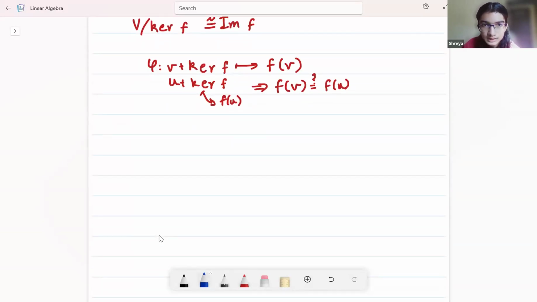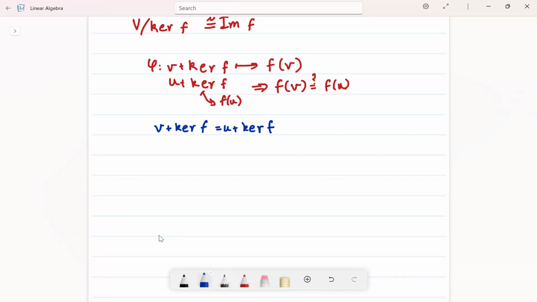Now let's see what is given to us. We're given that v plus kernel of f is equal to u plus kernel of f. That means there's some i such that v plus i equals u, with i belonging to the kernel.